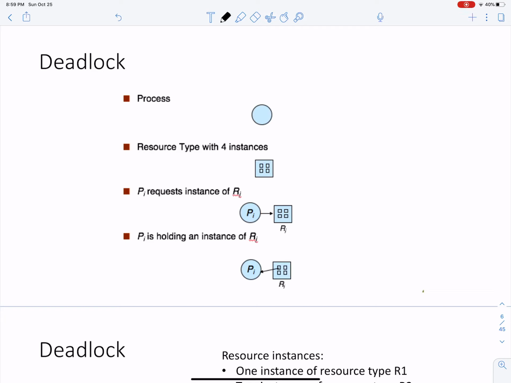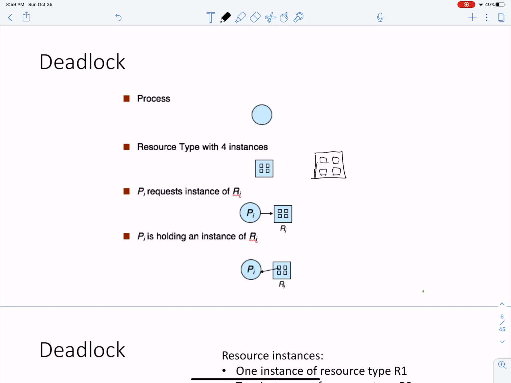For example, if we have a type of resource which has four instances, such as four different memory cards, we create a big rectangle with four small squares inside it to denote that we have four instances.